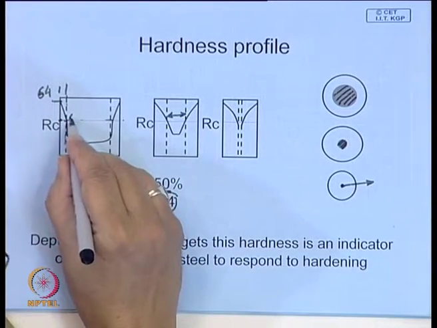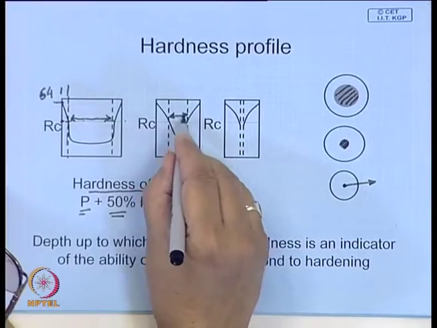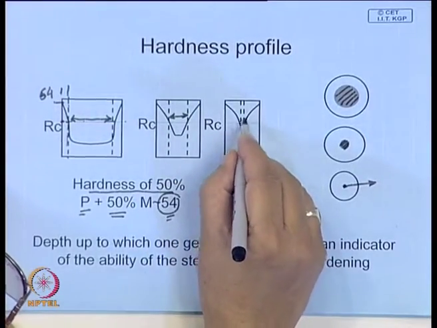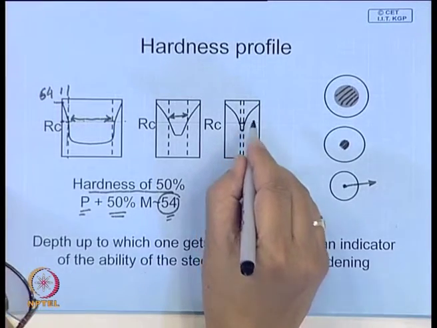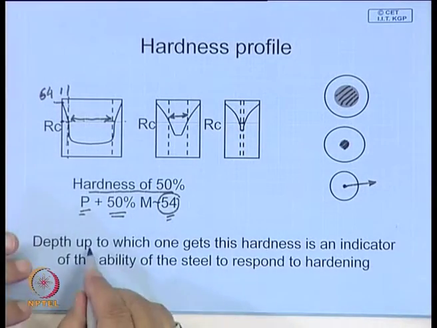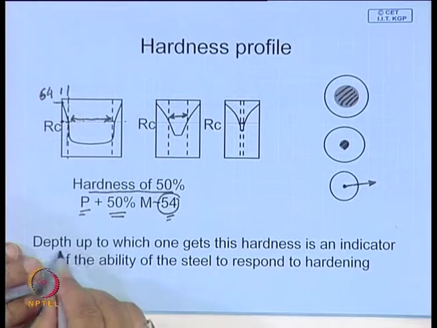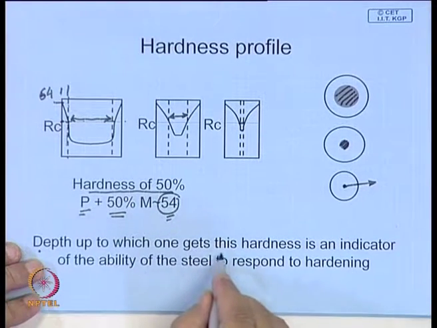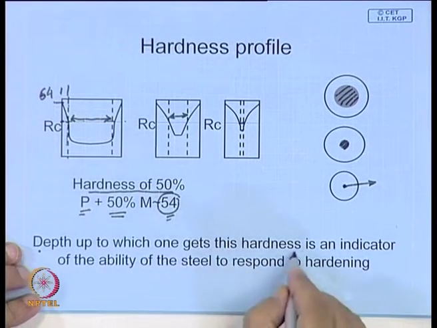If you measure this, this is the dimension of the core region which you have not been able to harden. So, one way of defining hardenability is that this is a measure, or gives an idea, up to what depth one gets this particular hardness.